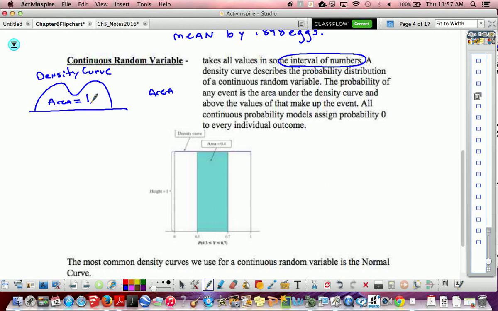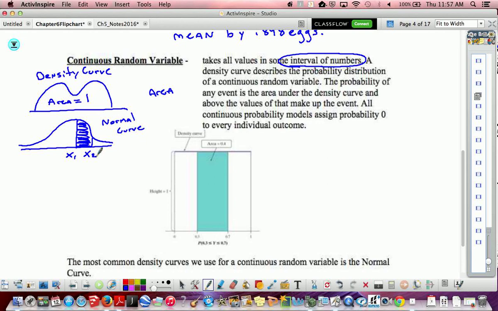One of the most common density curves is the normal curve. And if you remember, back in chapter 2, if something was normally distributed, we could calculate the probability by looking at the interval going from one score to a second score. We calculate z-scores and use our table A or our calculator to find it out.